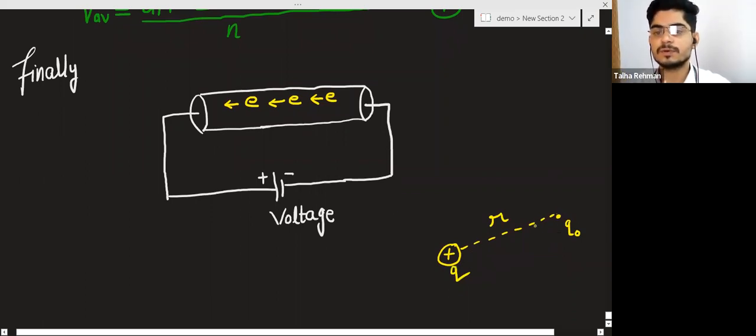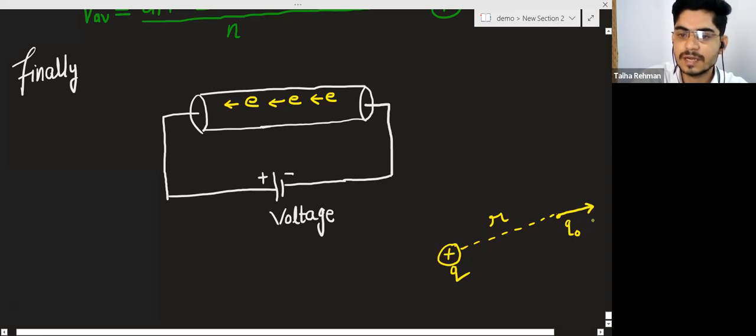We know Coulomb's law, and due to Coulomb's law, they will repel. This charge will try to repel the test charge along the line of action, and this is the direction of force.